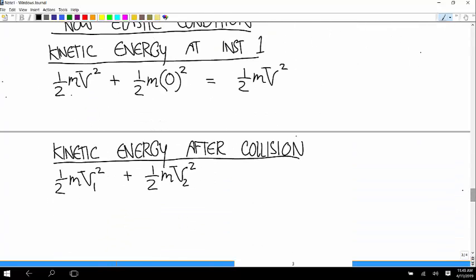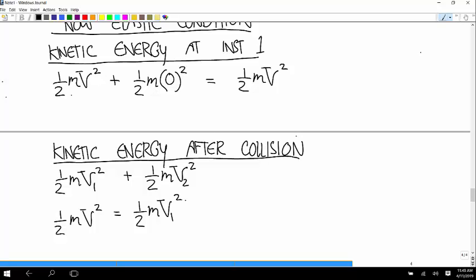Okay, so now our elastic requirement says that this kinetic energy before the collision has to equal the kinetic energy after. So our second equation says 1/2 mv squared is equal to 1/2 mv1 squared plus 1/2 mv2 squared.